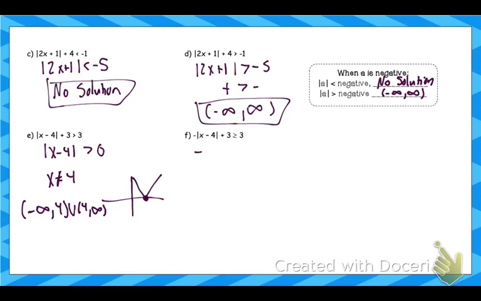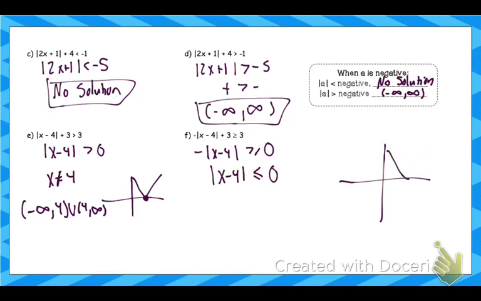All right, then let's look at this next one. Again, get absolute value by itself. And the absolute value is still not by itself. Divide or multiply by -1, which flips your sign. So now we're saying, when is the absolute value of x minus 4 less than or equal to 0? Well, it looks like it's nowhere, because all of it looks like it's above that axis.